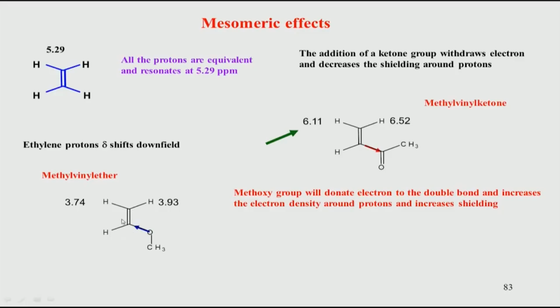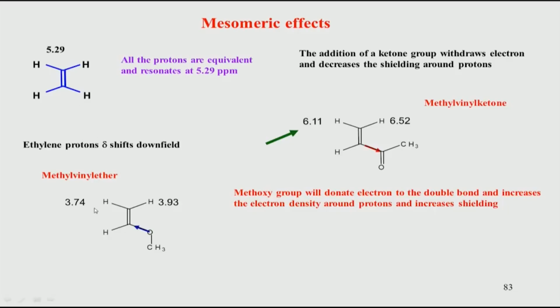Because of the electron donation, the electron cloud density around this carbon increases, which in turn affects the electron density around these hydrogens, because they are also pushed towards higher electron density. Remember again, higher electron density means shielding, and lower electron density means de-shielding. Because of the higher electron density around these hydrogens, they have become upfield shifted compared to the original 5.3 ppm.